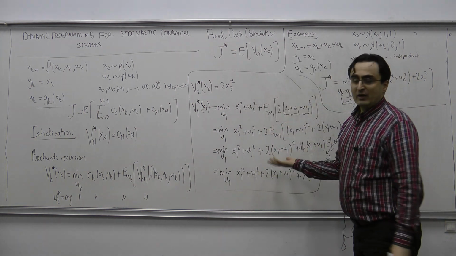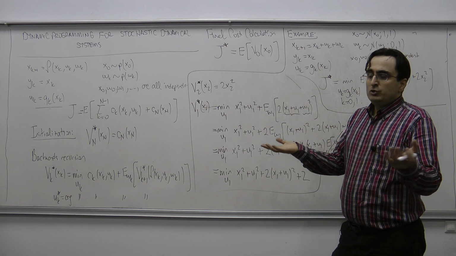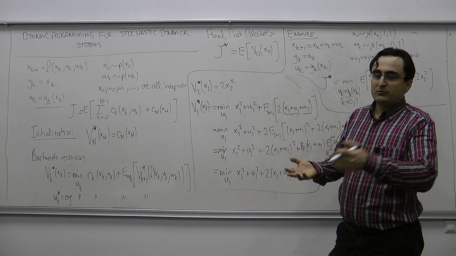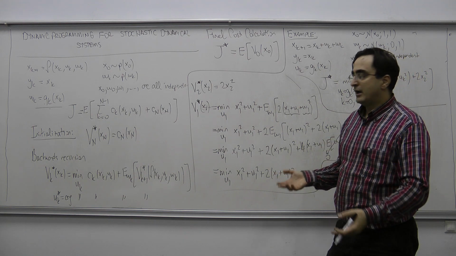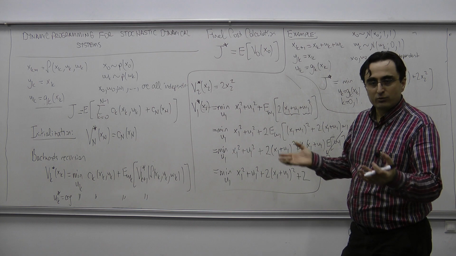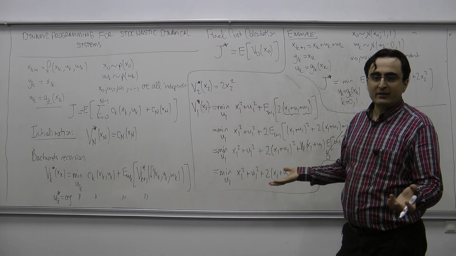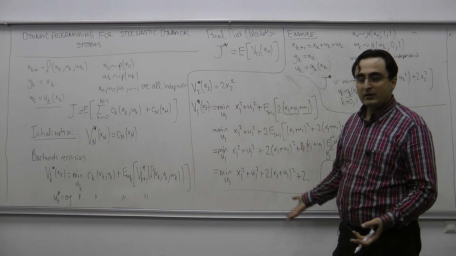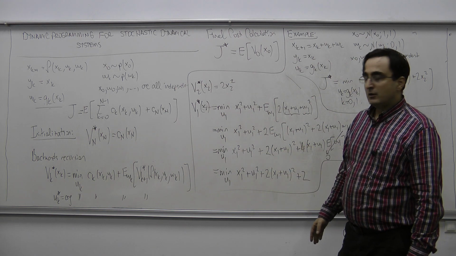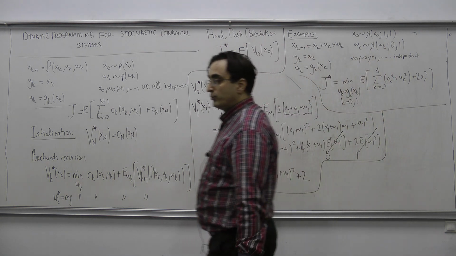Sometimes some constraints for u1 can also be given. So u1 might be, for example, between -1 and +1, and then you need to apply this minimization with some constraints. That is also possible. But here we don't have any constraints, so I can just equate the derivative of this cost function with respect to u1 to 0 and solve for u1.